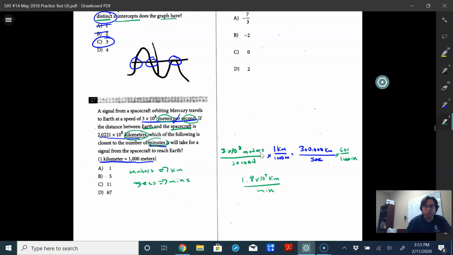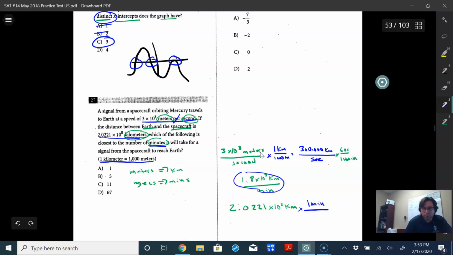To solve this, we want to be in minutes, so we take 2.0221 times 10 to the 8th kilometers and use the flipped conversion factor: 1 minute for every 1.8 times 10 to the 7th kilometers. Now we're eliminating kilometers and ending up with minutes, using the new conversion factor we just created by going through this chain.